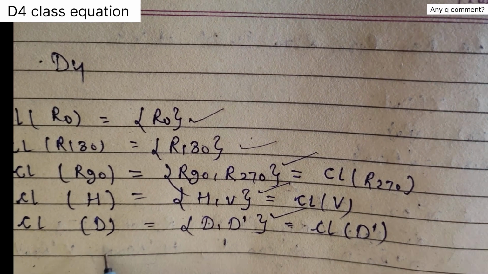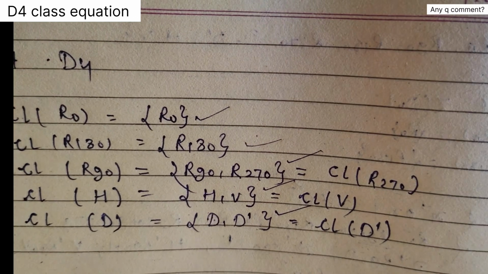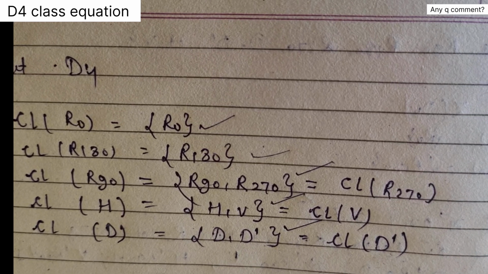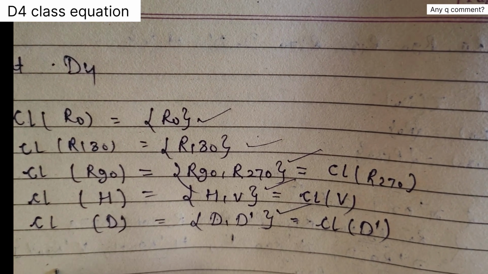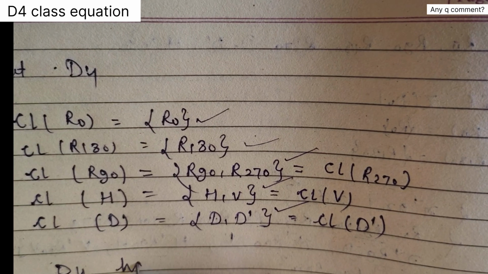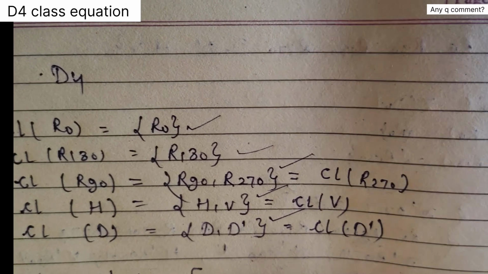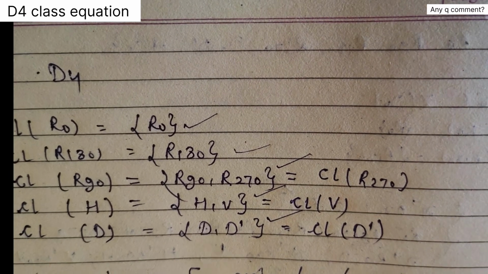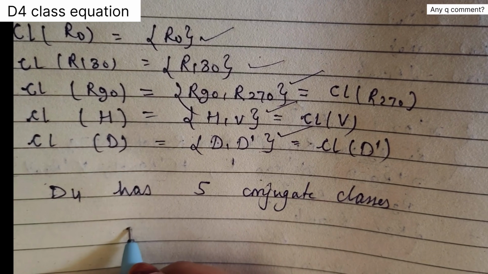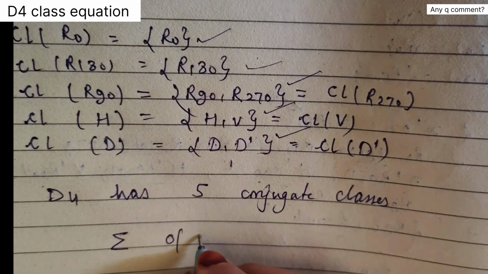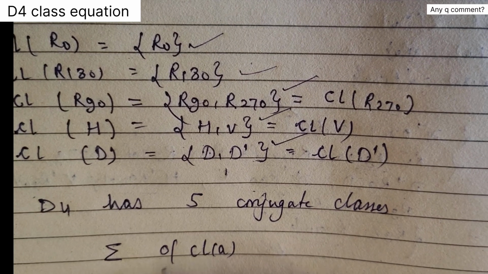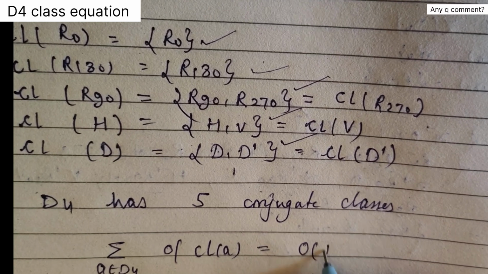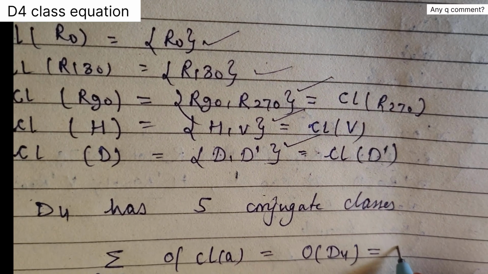So D4 has 5 conjugate classes. And we have that the summation of the orders of the classes of the elements A belonging to D4 is equal to the order of the group D4, and the order of D4 is 8.